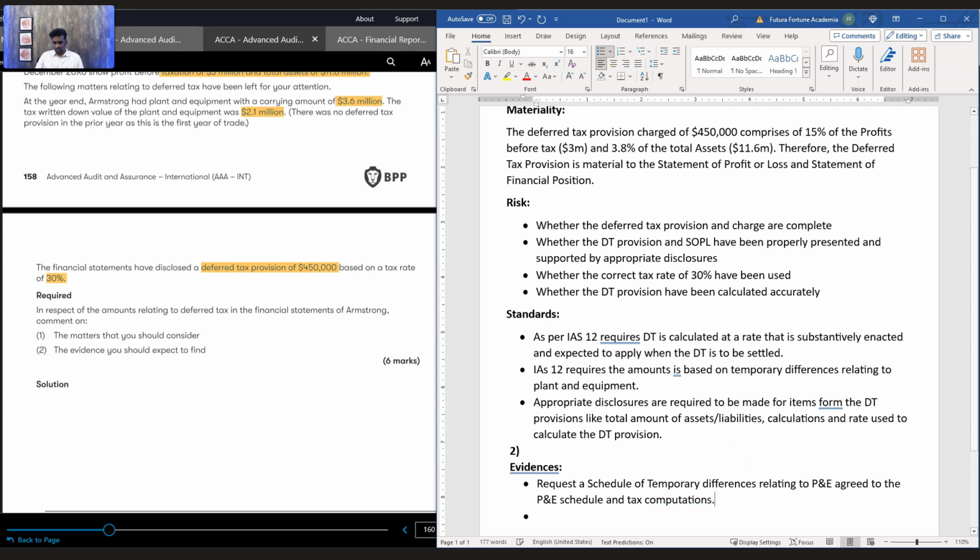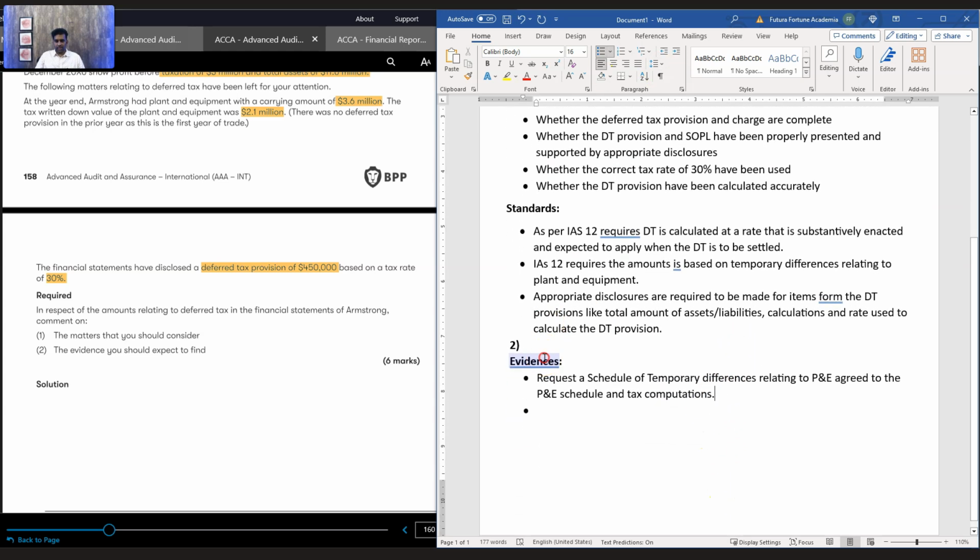So first you need to request a schedule. Take the total schedule as per the plant and equipment and agree that to the plant and equipment schedule and the tax computations. Agree that the tax rate used of 30% is appropriate as per the tax rules and allowed as per IAS 12.